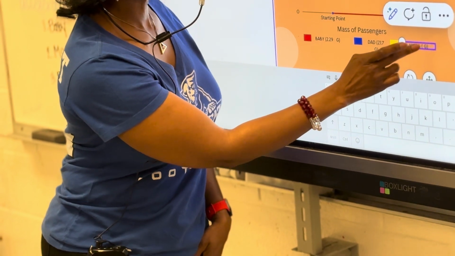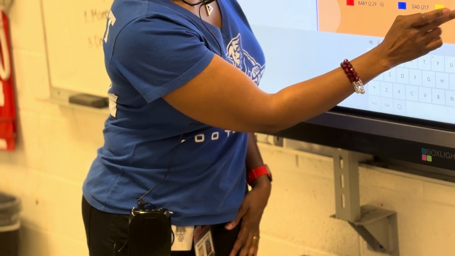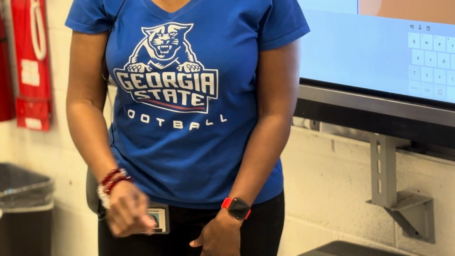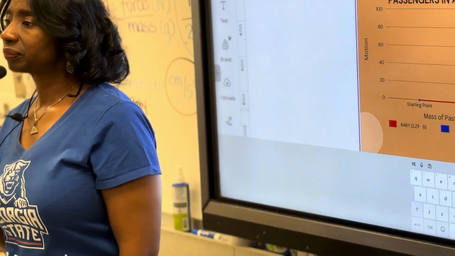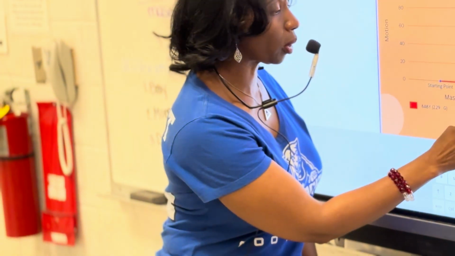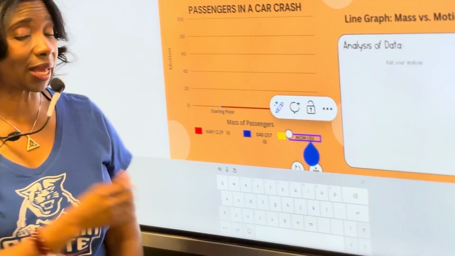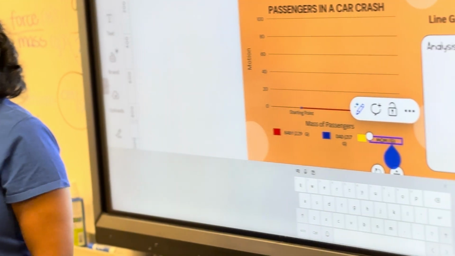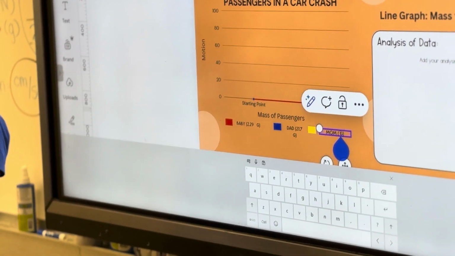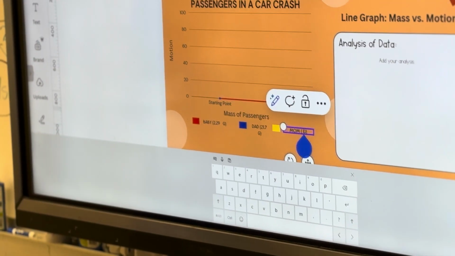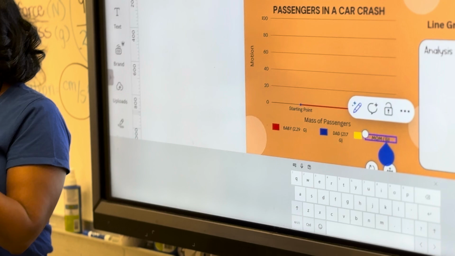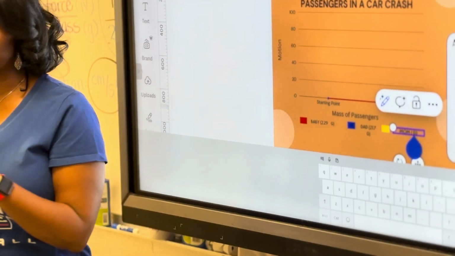And finally, let me get the mass of the mom. 21.4. So your mom and dad, give me a mass that's a little bit less because I want you to see the difference. Your dad was 24.9?